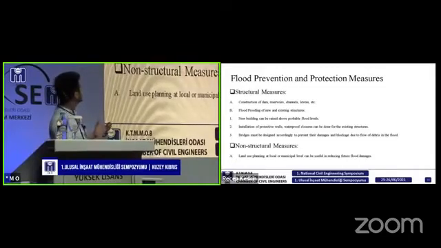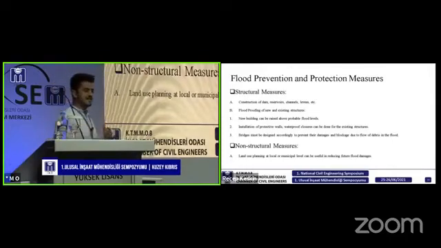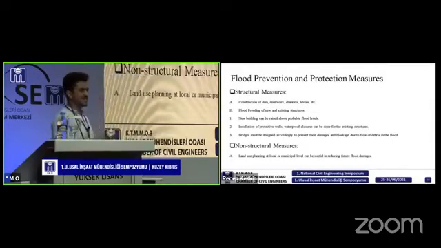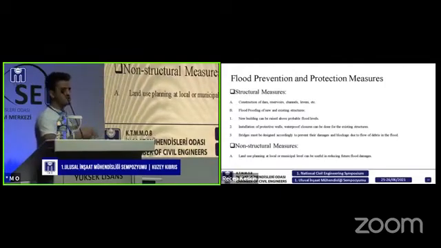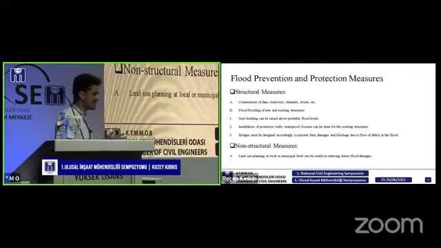For structural measures, we can build or construct dams, reservoirs, channels, levees, and other kinds of diverting measures to prevent the water from entering our urban area. Or we can flood-proof our existing structures if we don't have the availability of building reservoirs and dams. But this can be done on new structures too.